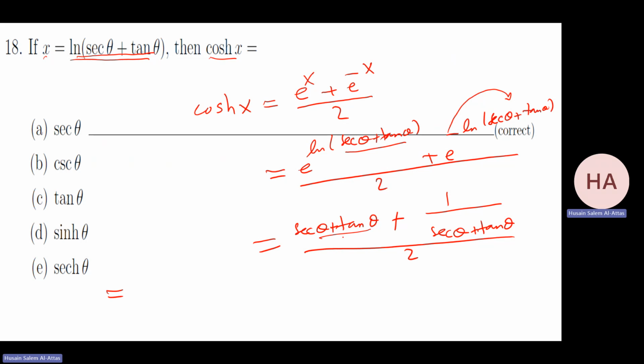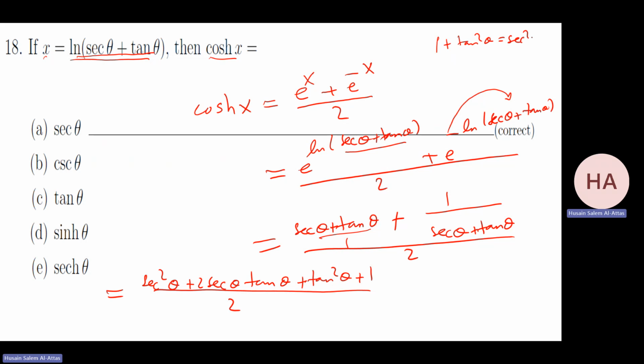This is over 1. So you have secant squared theta plus 2 secant theta tan theta plus tan squared theta plus 1 over 2. Okay, I know 1 plus tan squared equals secant squared. So this is secant squared.